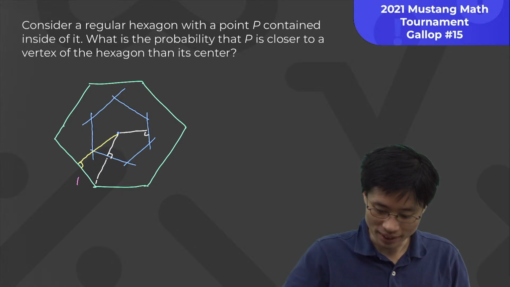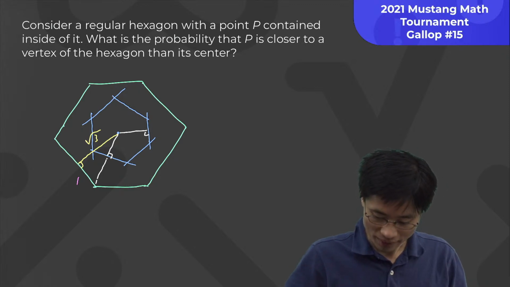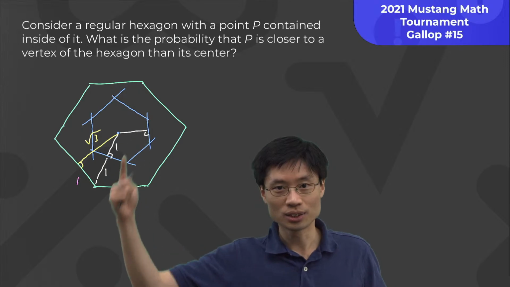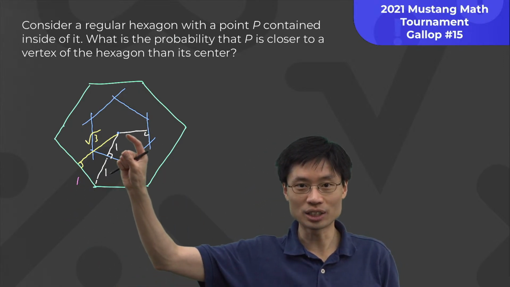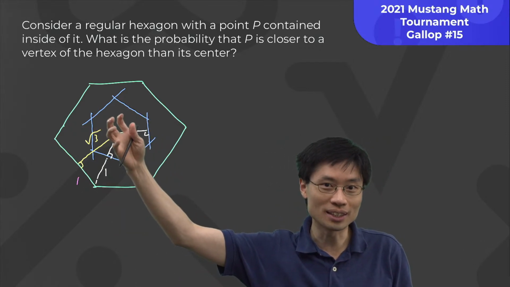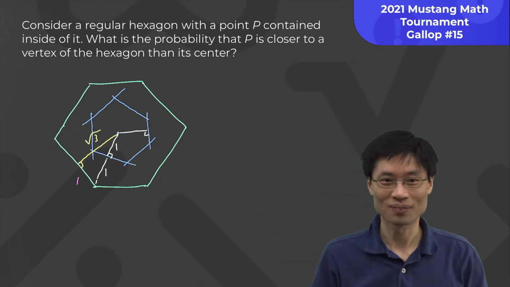Suppose this was 1, and suppose this whole piece was root 3, and then each of these would be 1. Because this would be a 2, 1, root 3 situation. So now what I just found out is that the ratio is 1 is to root 3. That means the area of this thing is 1/3 of the area of the whole thing. So the answer is 2/3.